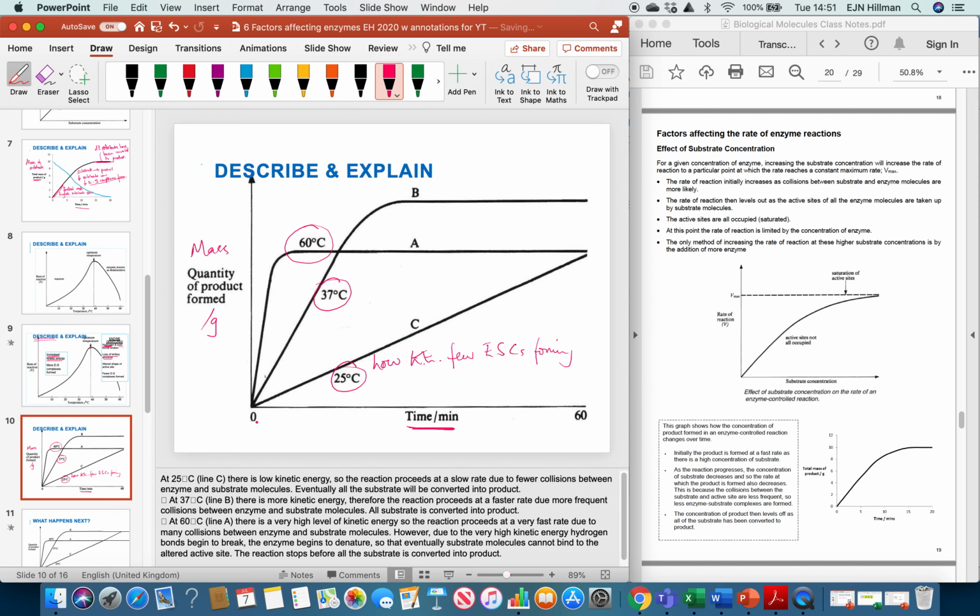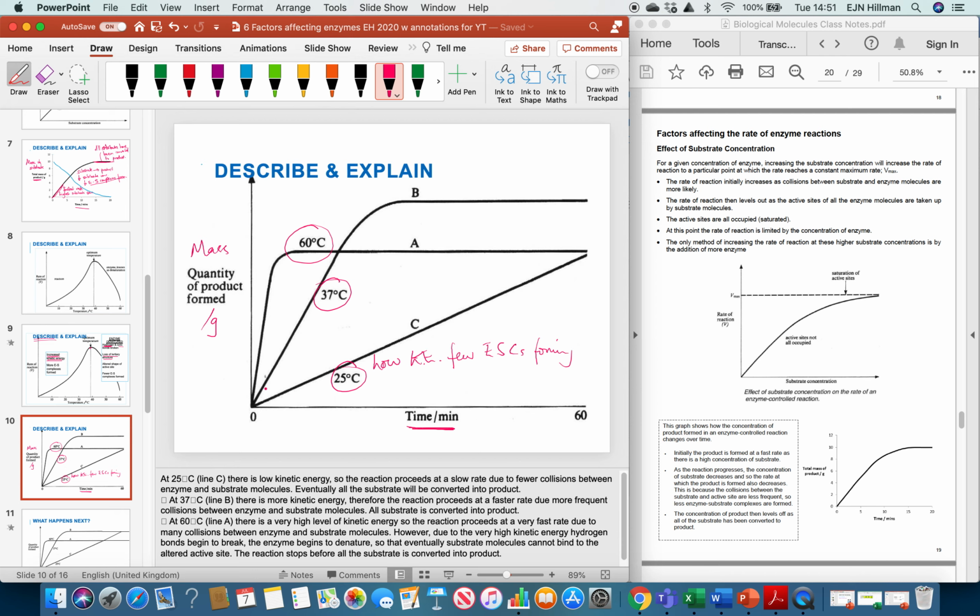Okay, we can see it continues to increase at this slower rate as more enzyme substrate complexes form. Eventually, in fact, we'll mention this in a second.